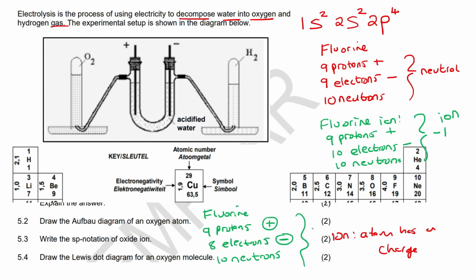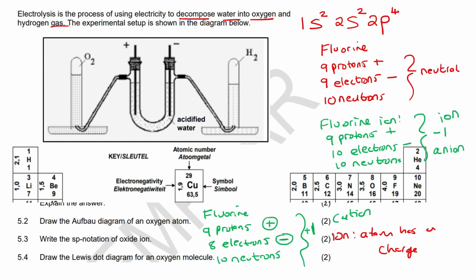Or 9 minus 8 is 1. So now you would have a positive charge. So when you have a negative charge, that's called an anion. And when you have a positive charge, that is called a cation. So an ion is an atom that has an unequal number of protons and electrons.